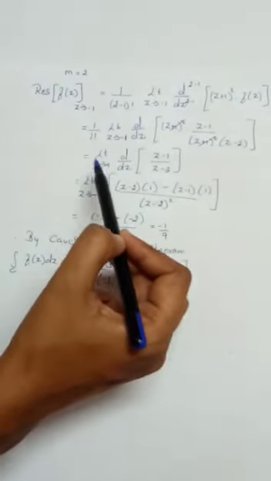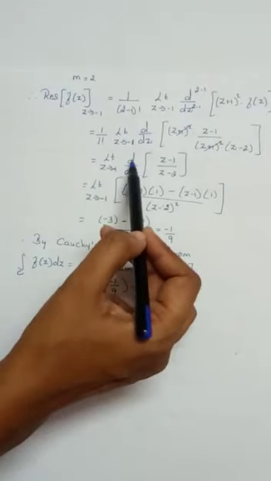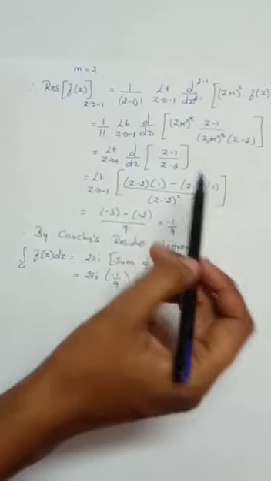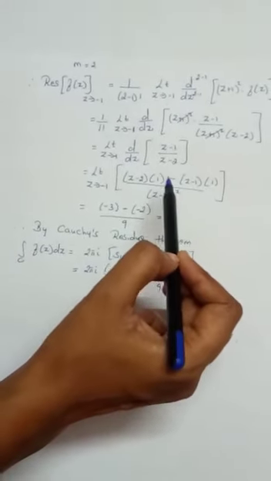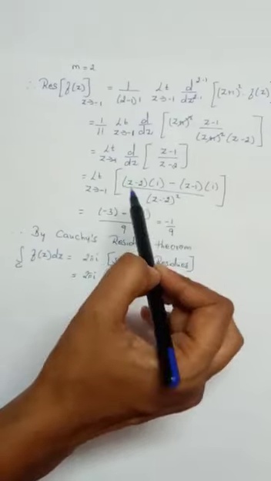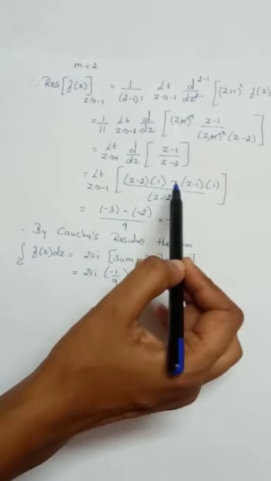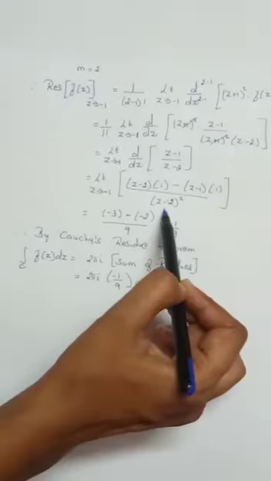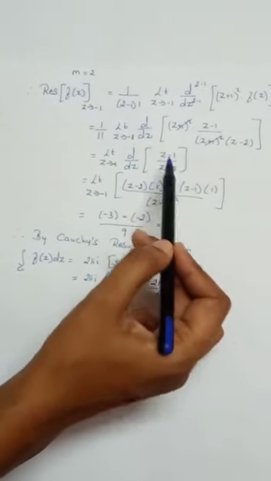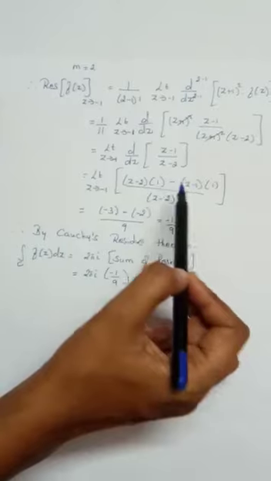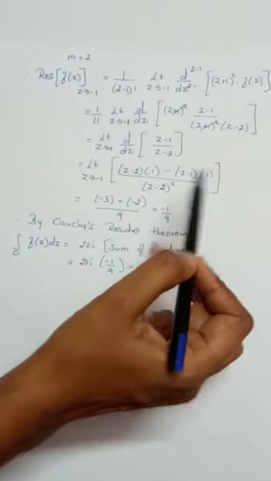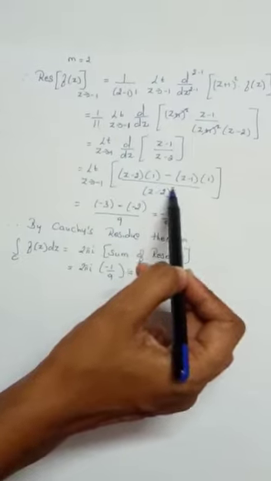We have it as limit z tends to minus 1, d by dz of (z minus 1) divided by (z minus 2). You need to differentiate this using the u by v differentiation. The u by v formula is (v u dash minus u v dash) divided by v square. Same thing I have done. (z minus 2) times the differentiation of (z minus 1), which is 1, minus (z minus 1) times the differentiation of (z minus 2), which is 1, divided by (z minus 2) the whole square.